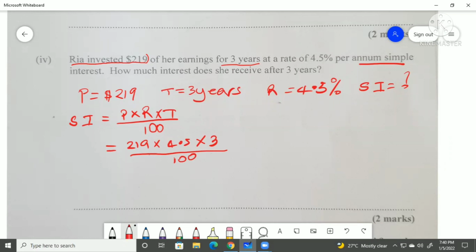So 219 times 4.5 times 3 is going to land us 2,956.50.